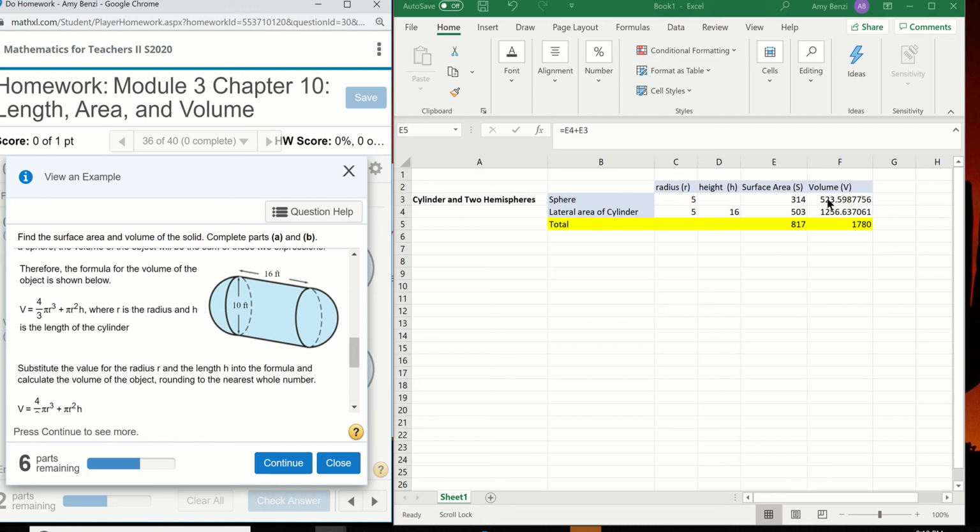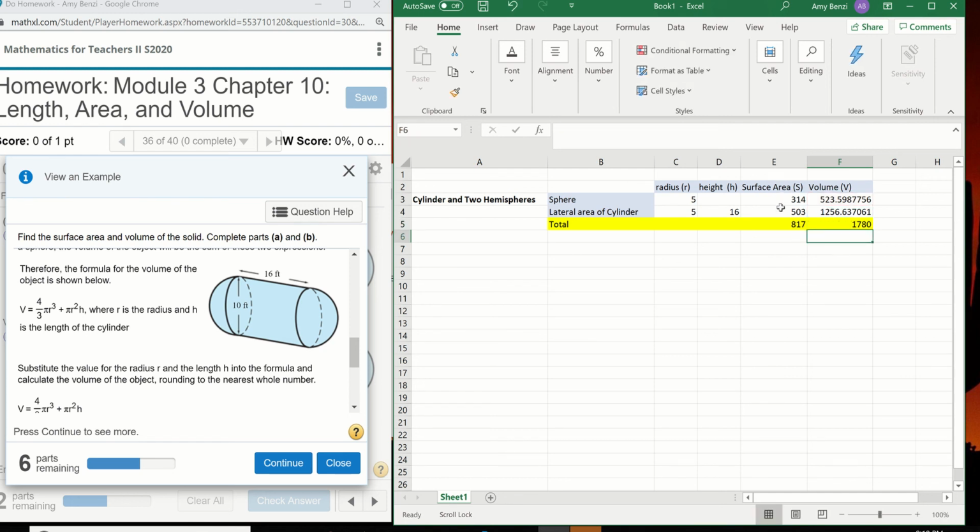So that is where this came from, and you can see I've got that same formula typed in here. On this one, I have the volume for the cylinder, pi times radius squared times the height. Again, I cell referenced and typed in that formula, and then for this cell, I have added those two together.